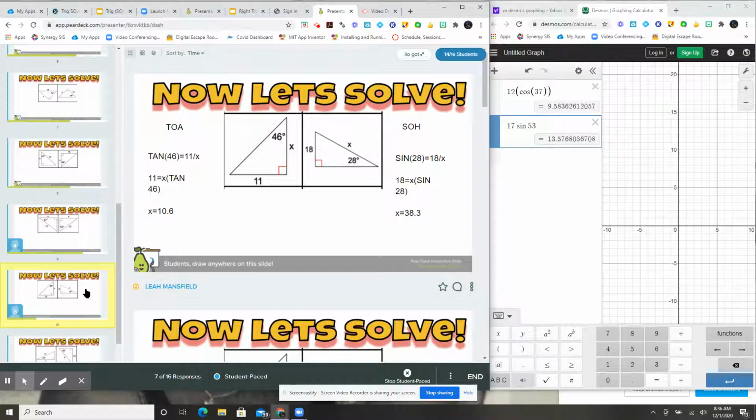Slide 10 is where you're going to have your x's in the denominator. When you're ready, if you want to talk about it, let me know.